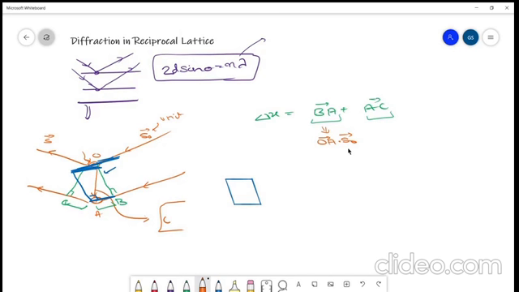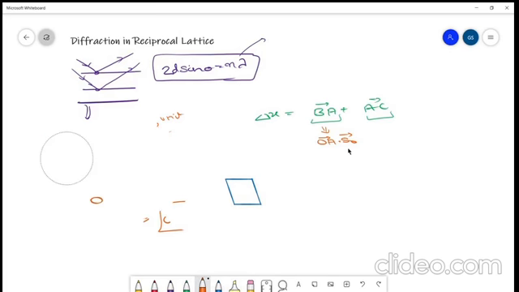Now let's find the AC vector. So again we can make a construction, so I have to rub it first. So this was our O, this was our A, this was the incoming S0 vector, this was the outgoing S vector. Similarly here. Now we were concerned about this vector, the AC vector.